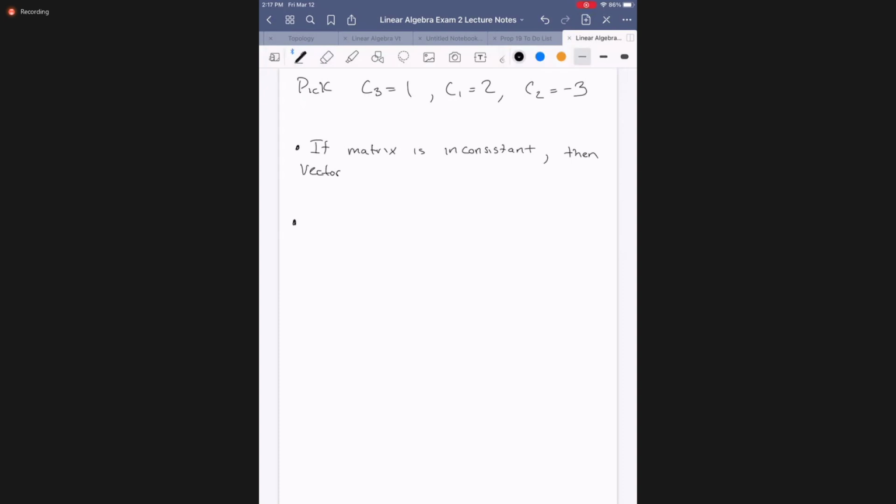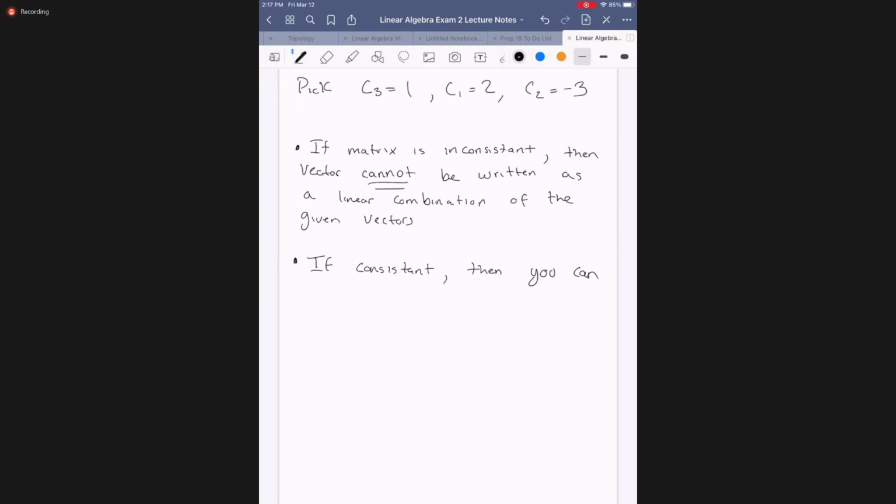If the matrix is inconsistent, then the vector cannot be written as a linear combination of the given vectors. If consistent, then you can, right? So that's, I mean, that's as simple as it gets. There's nothing more than that.